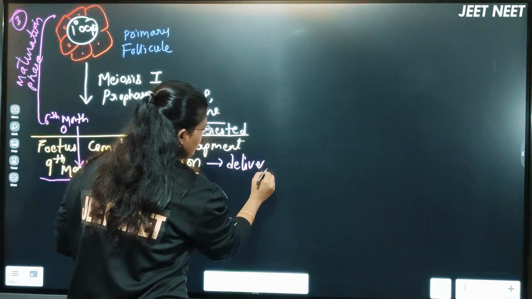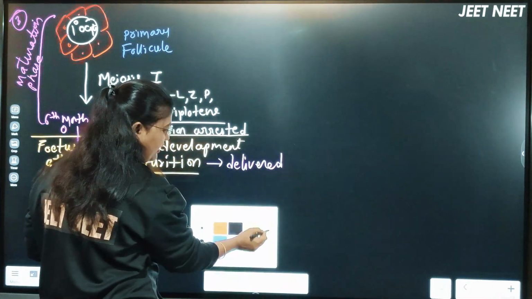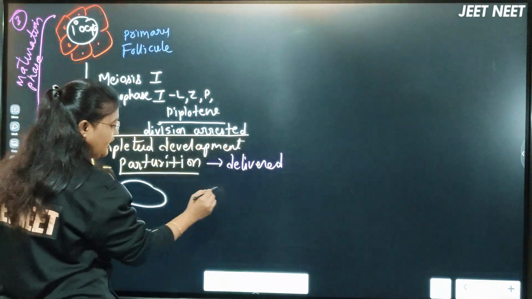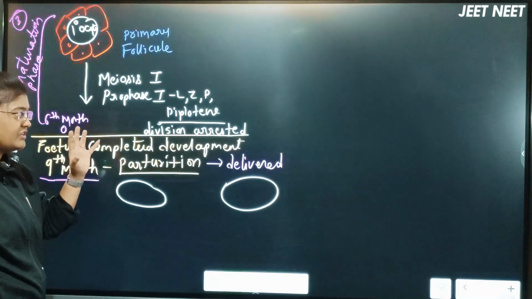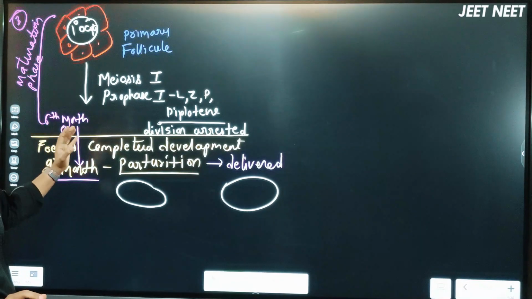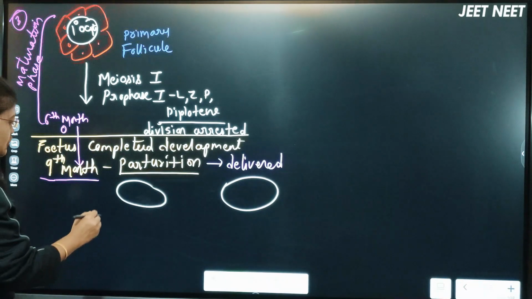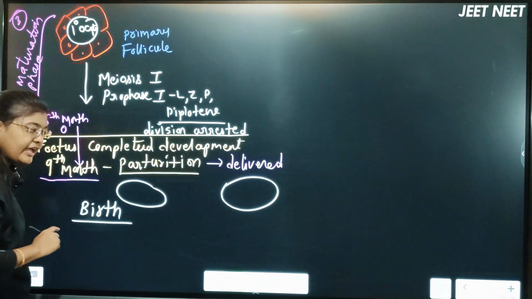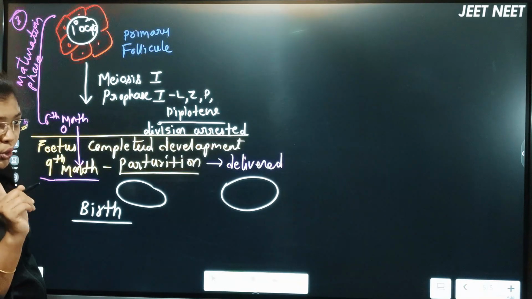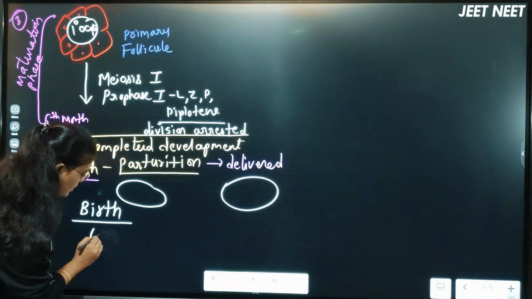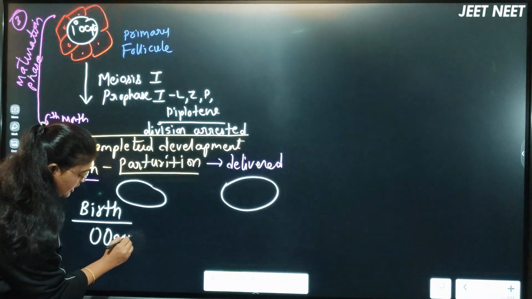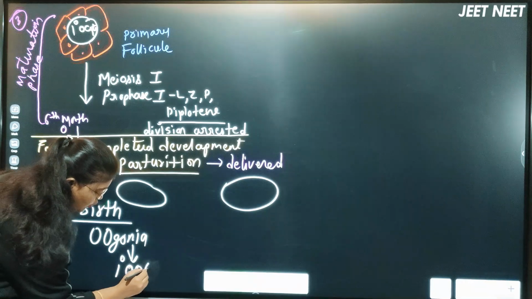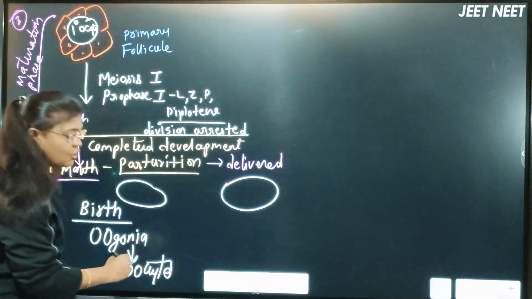When she got delivered, in both of her ovaries, if this is a fetus, imagine it this way, will any more oogonia be present? No, because all the oogonia have converted into primary oocytes.